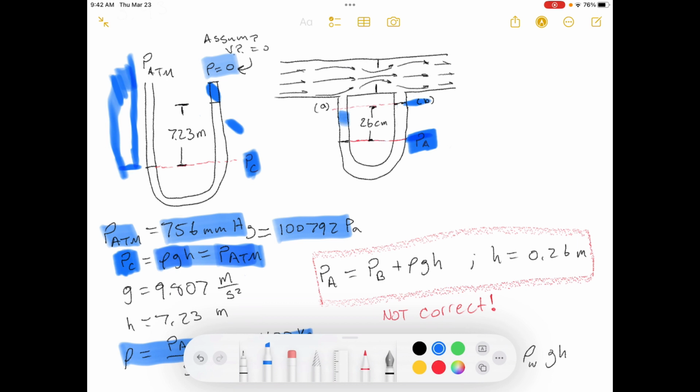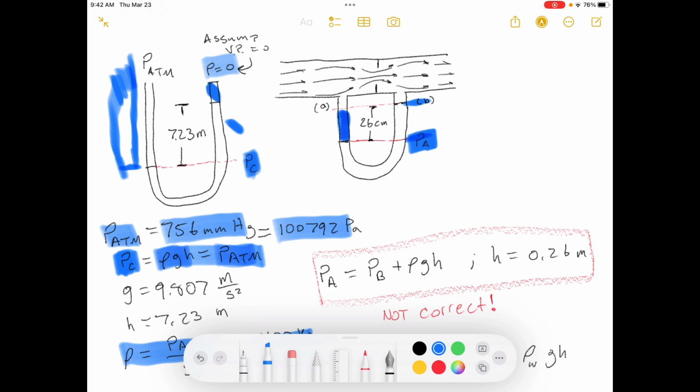Okay, so this leg is filled with water, so there definitely is a pressure head there difference due to the water. And I neglected that when I first did this problem, so make sure you make this correction if you're doing this problem. That you account for the pressure head of the water on the left leg.